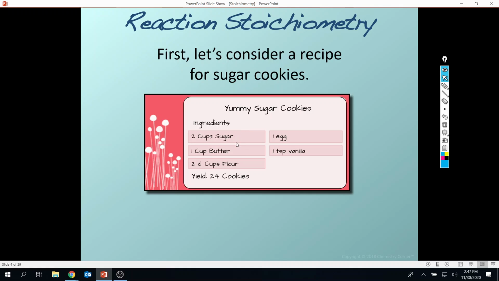Now, here's what I'll tell you. This is what it looks like on a recipe card, but this is what it would look like in a chemical reaction. If we said, 2 cups of sugar plus 1 cup of butter plus 2.5 cups of flour plus 1 egg plus 1 teaspoon of vanilla would produce or yield 24 cookies.